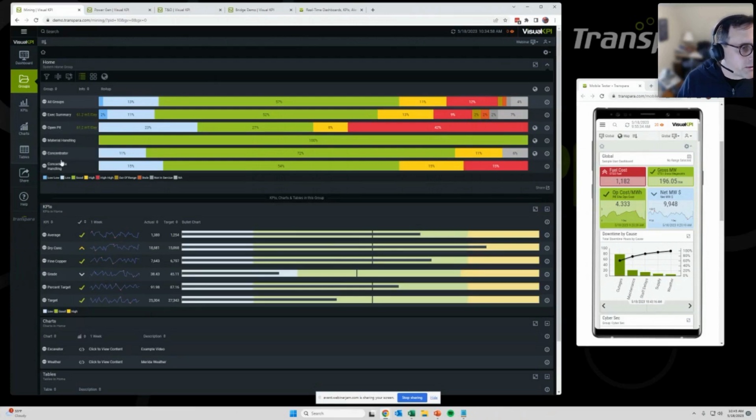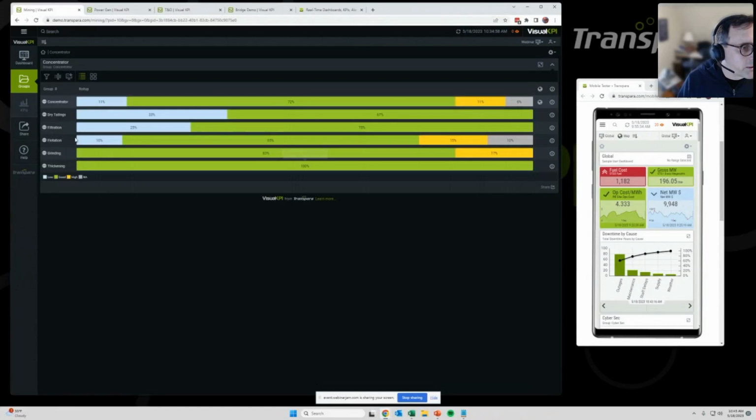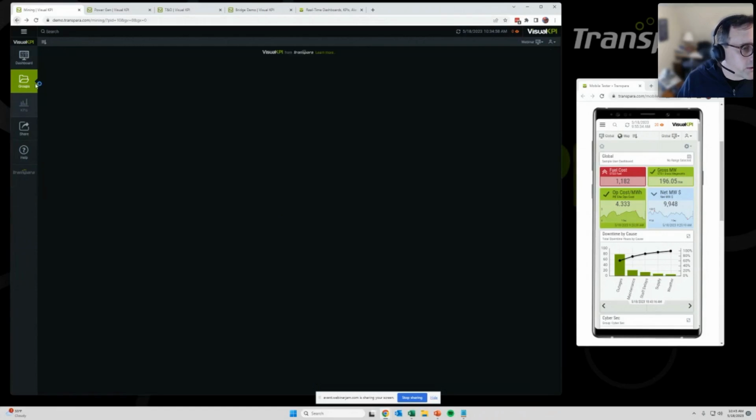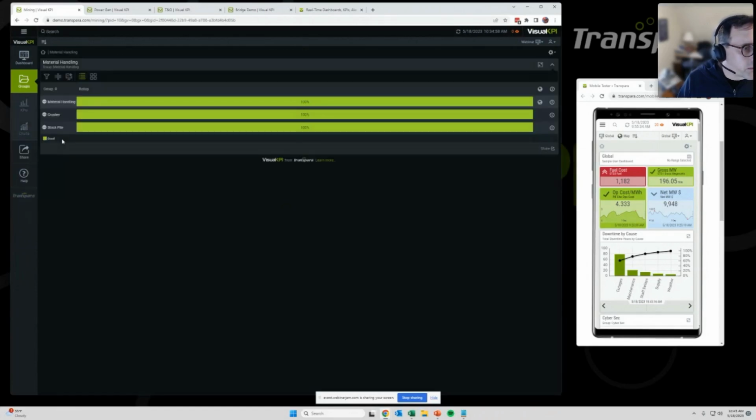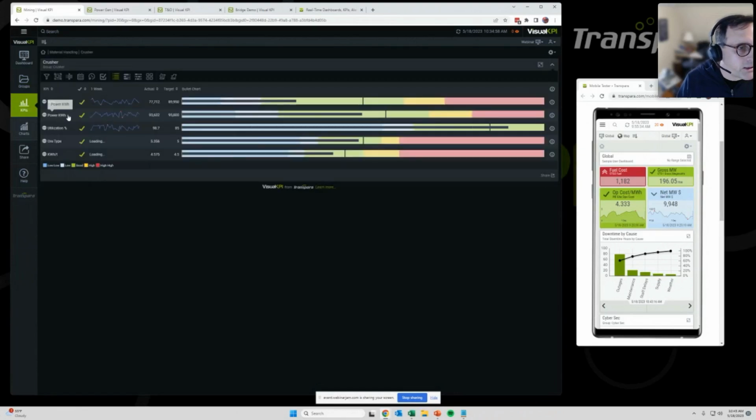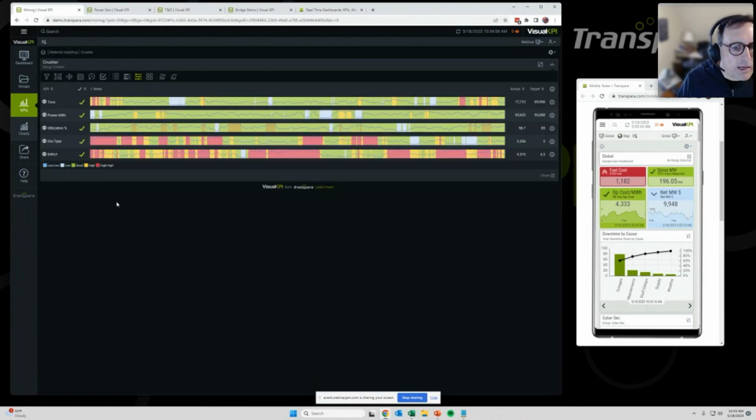Okay, so let's go into the crusher here. Let's look at maybe things over time. So this is just a different visualization that shows that erratic behavior. This is a 1 week chart.